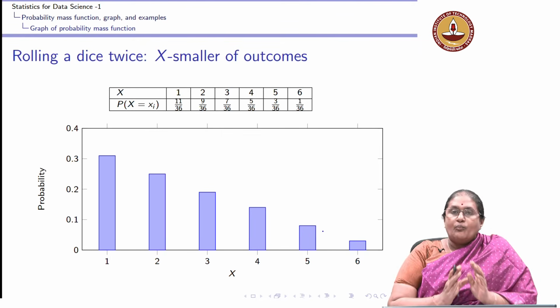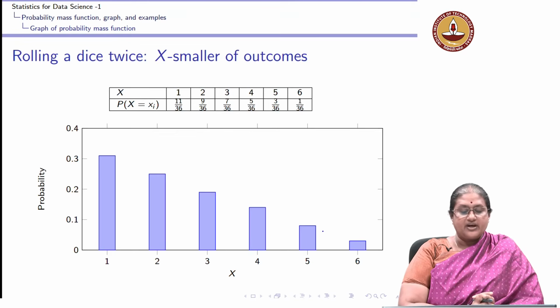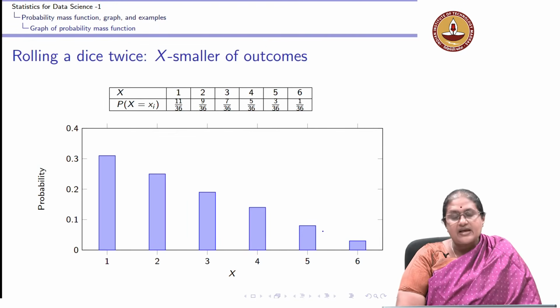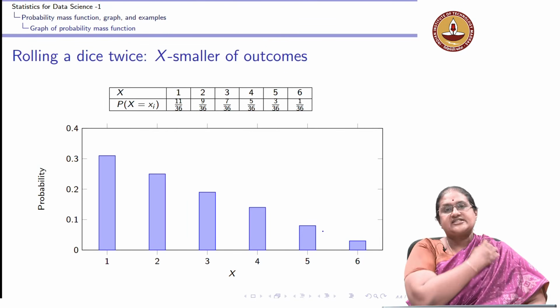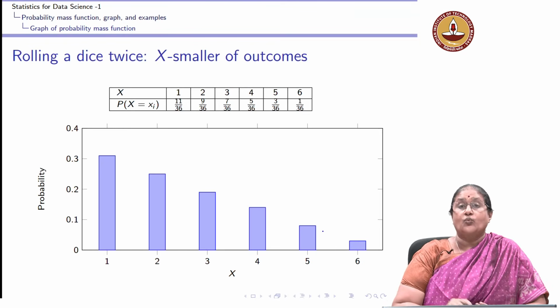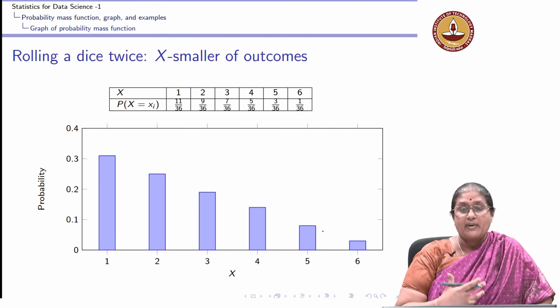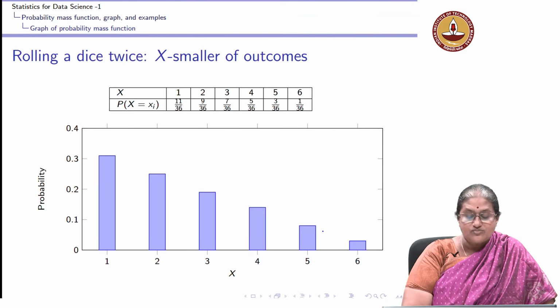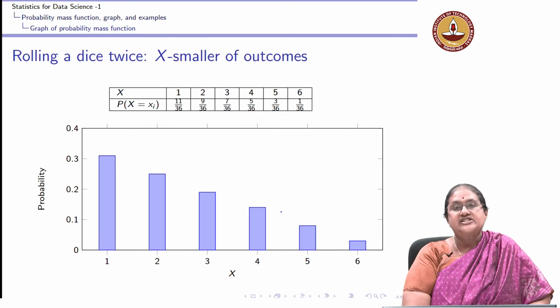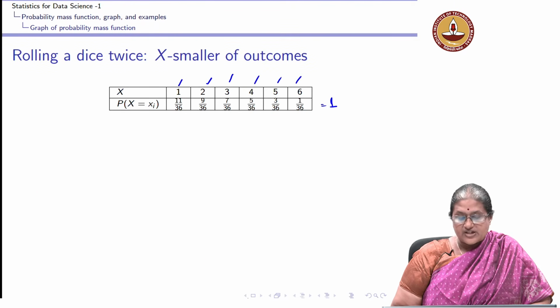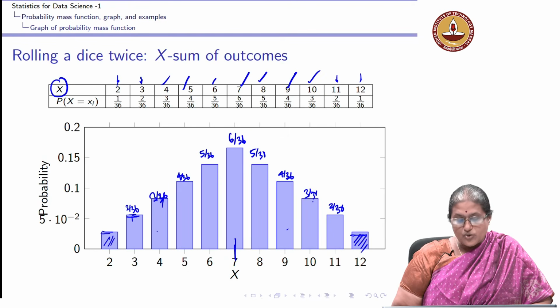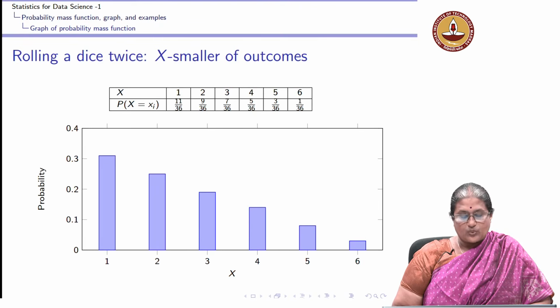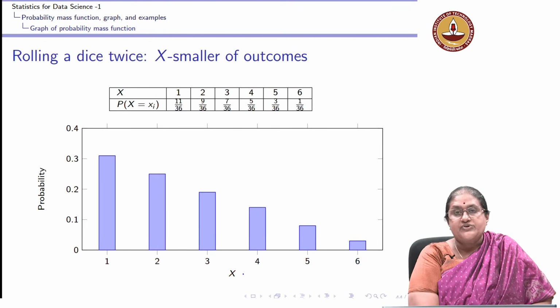Again, recall both these random variables were defined on the same random experiment and sample space. It depends on what you are actually mapping each of the outcomes to, and you can see that the distribution in one case was a symmetric distribution, in the other case it was a skewed distribution.